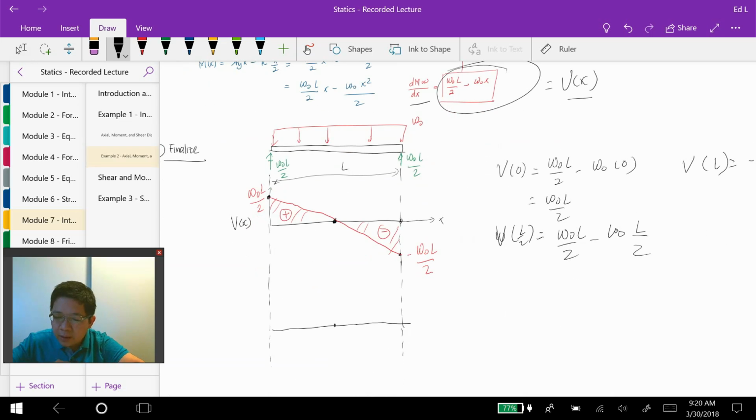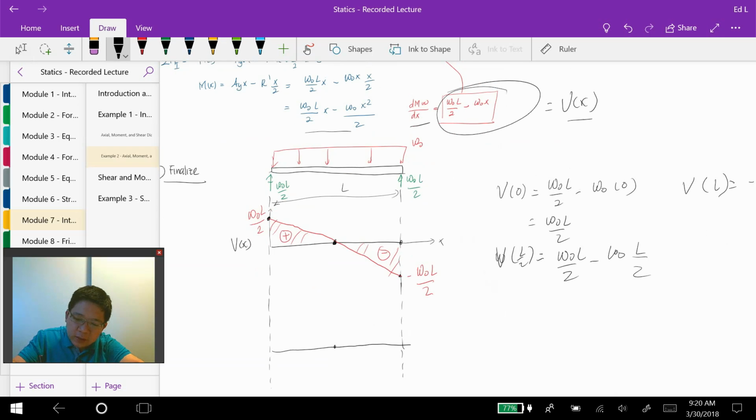Here we have a quadratic curve, a second order polynomial, and once we plot that curve, we will obtain a local maximum, because if you take a further derivative of the moment equation, you will obtain a negative value, which tells us that we have a local maximum.